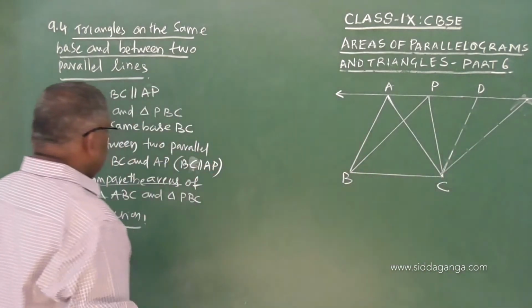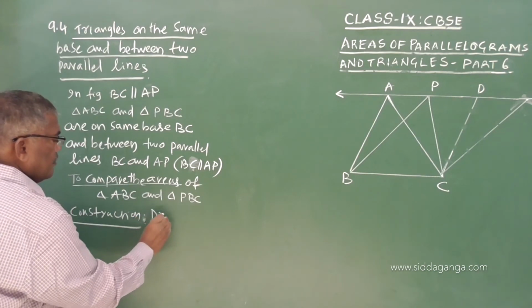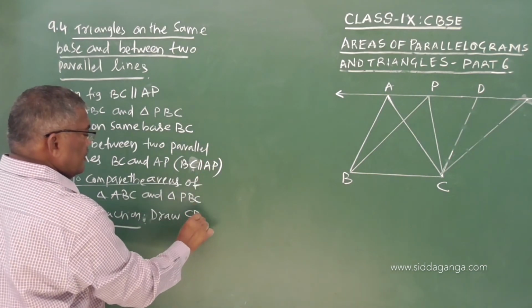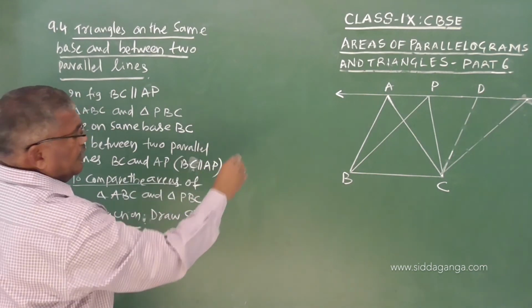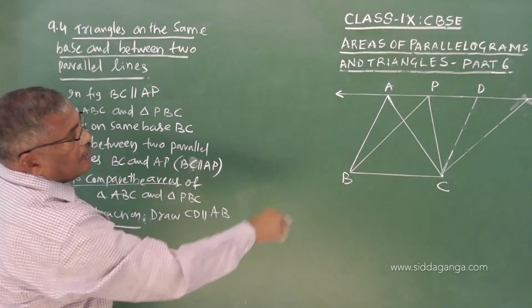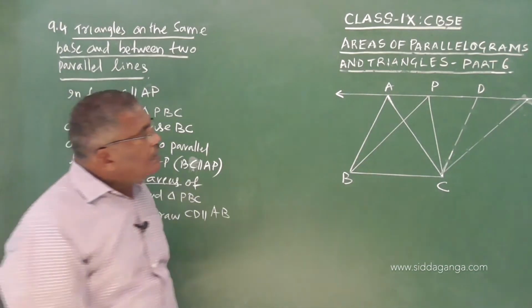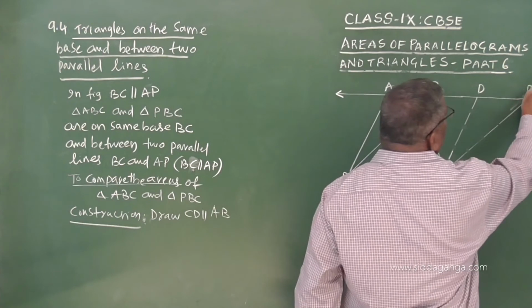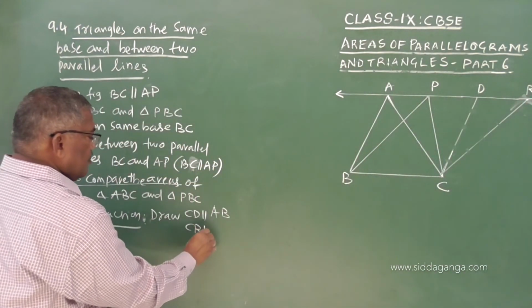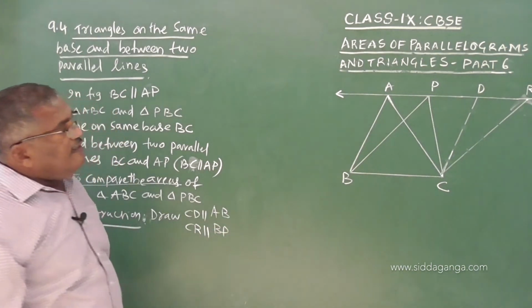So now construction, draw CD parallel to AB, and another point, or you can call this CR, parallel to BP.